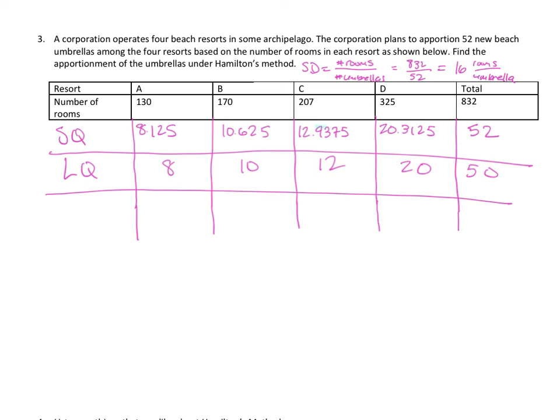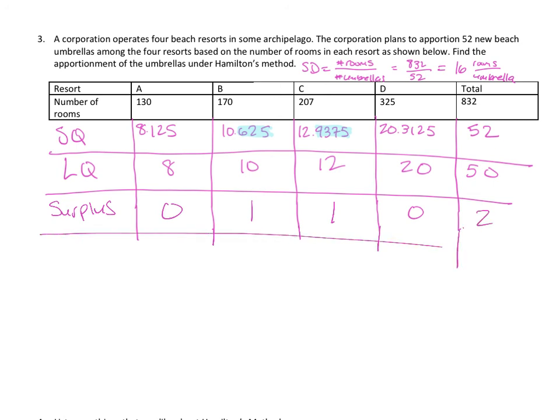So 0.9375 would be our largest. And then the next largest would be 0.625. So those are the two resorts that get the extra umbrella. 1, 1, and we only have 2 more to give out, so nobody else gets one.